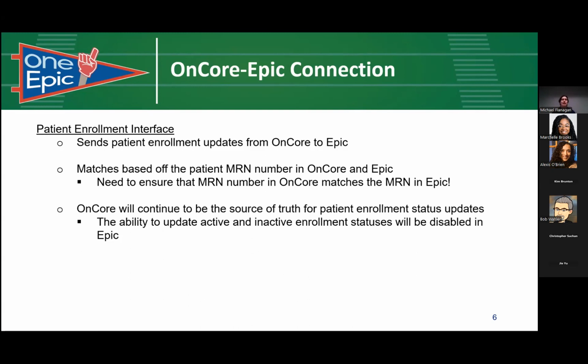One important call out here is that this interface is matching based off the patient MRN number in Encore and Epic. So when you're enrolling patients in Encore, make sure that the MRN number that's listed is the Epic MRN. We are doing some MRN conversion efforts at this very moment.